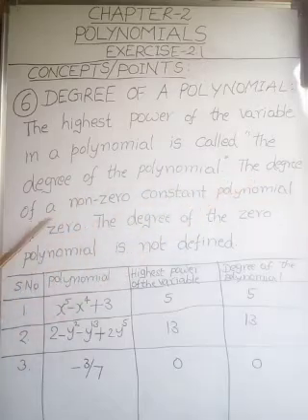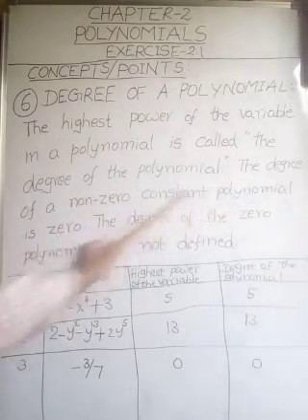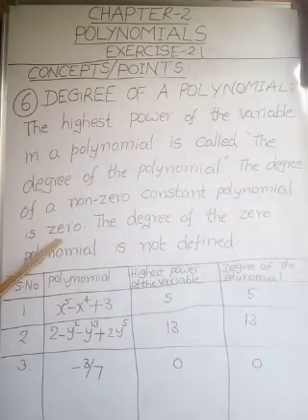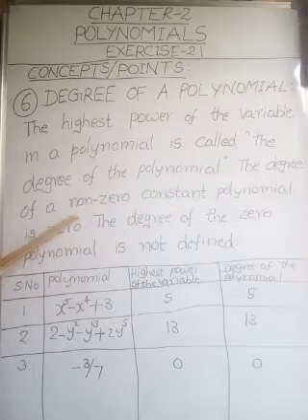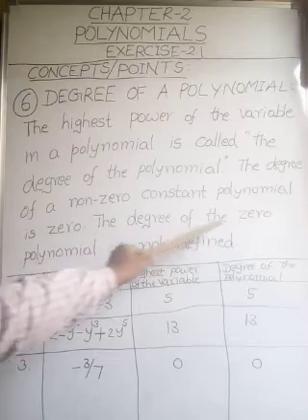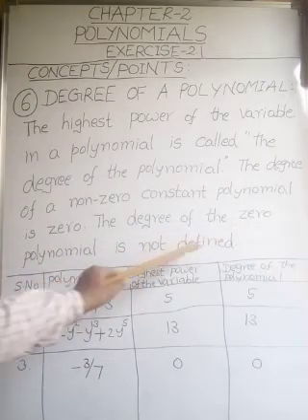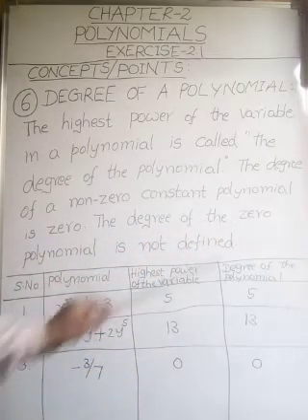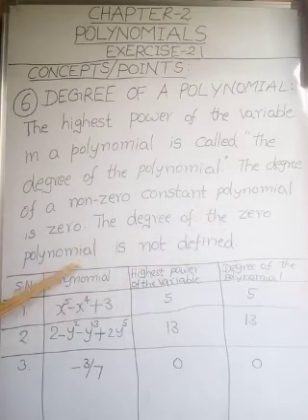The degree of a non-zero constant polynomial is 0. This is a particular case. The degree of a non-zero constant polynomial is 0, and the degree of the zero polynomial is not defined. We say that the degree of the zero polynomial is not defined.